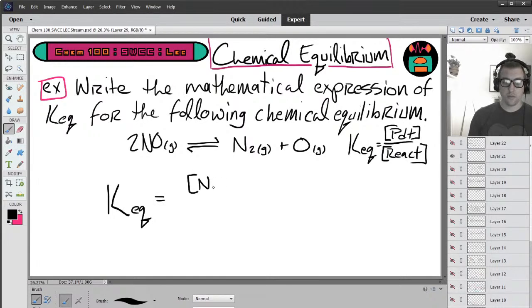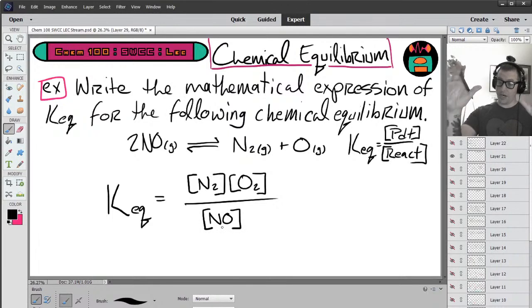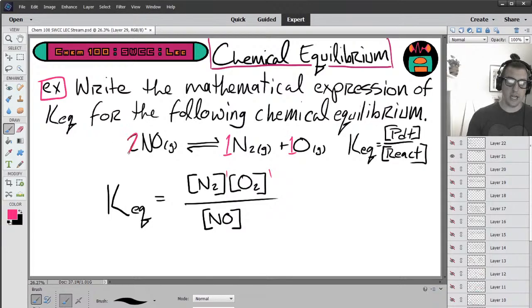We have two products, both are in the gas phase, so we include both of them: N2 times the concentration of O2 over the concentration of NO. So there's our products over reactants. Now we have to place our exponents. Nitrogen has a stoichiometric coefficient of 1, as does oxygen. NO, nitric oxide, has a stoichiometric coefficient of 2, so that should be squared.